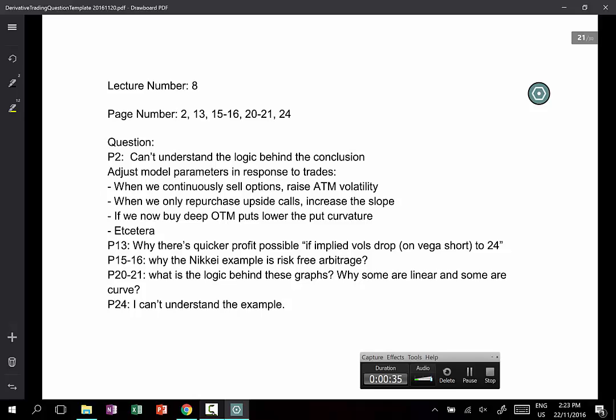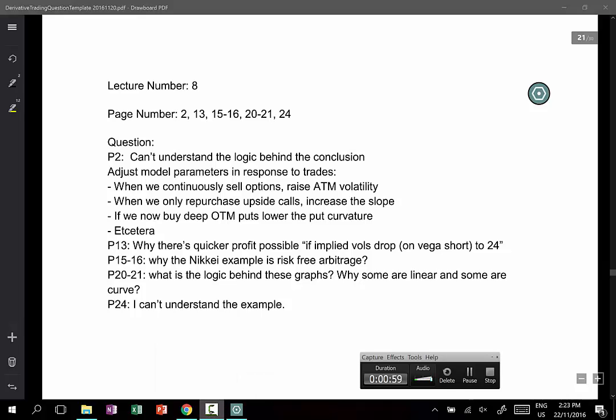Adjust model parameters in response to trades. When we continuously sell options, raise the ATM vol, and when we only repurchase, increase the slope, and if we buy deep out of the money puts, lower the put curvature.